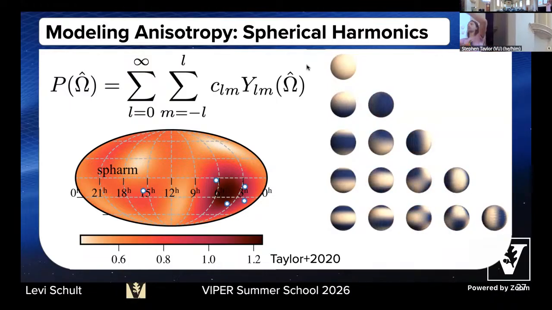Here's where things get a little bit confusing because we start to use the same terminology. The 0th mode is also called the monopole, but just try to remember that it's different from the actual monopolar spatial correlation. And then there's L equals 1, which is the dipole, and then it goes quadrupole and octupole and so on.